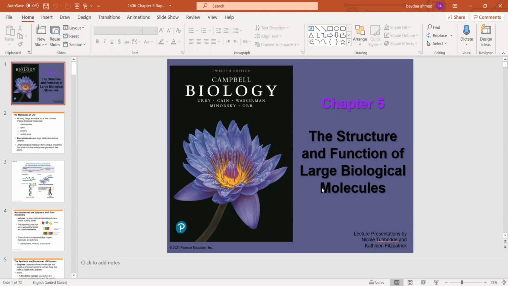These are all organic molecules, which means that they contain carbon. Now remember that carbon is super versatile. It can bond with itself, it can bond with hydrogen, oxygen, nitrogen, anything, and form complex, large structures.